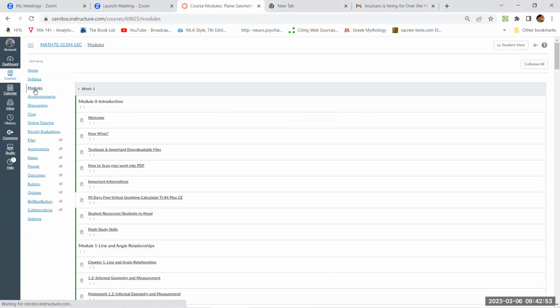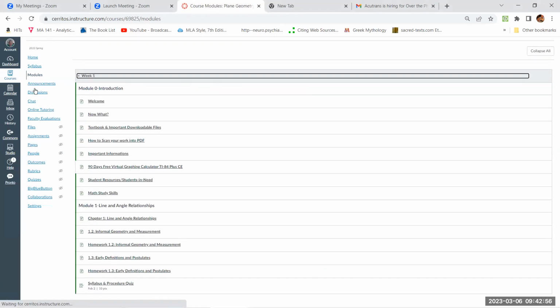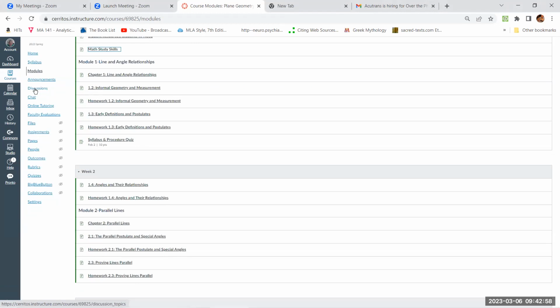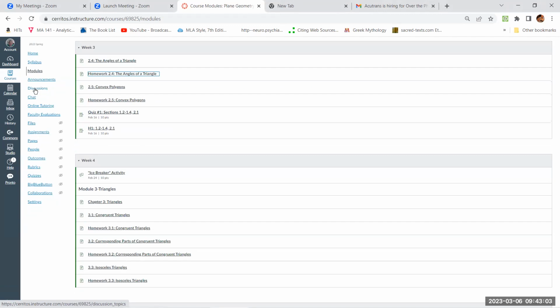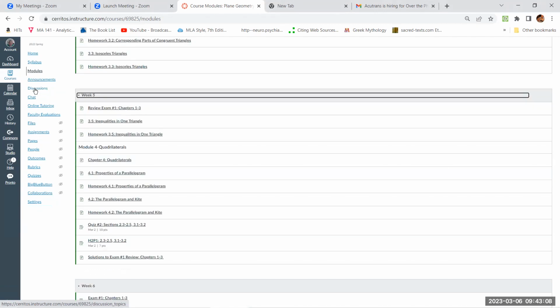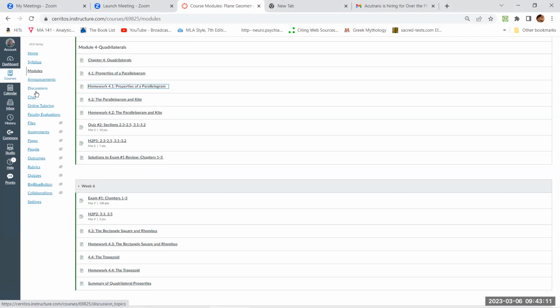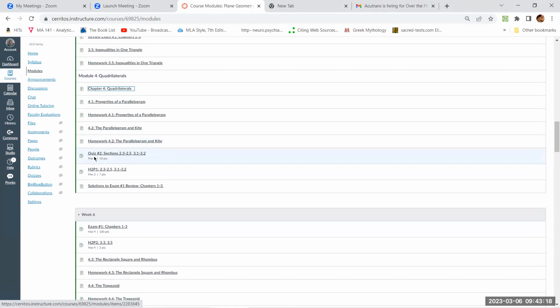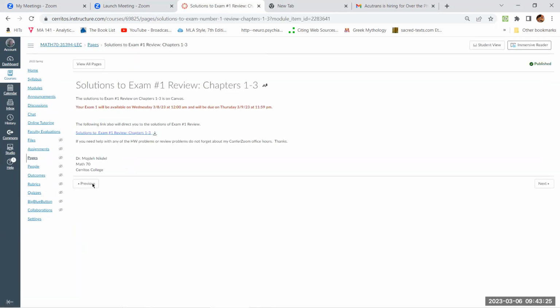Usually the solutions are in the following module. So here's 3.3, module 4 is quadrilaterals. Under module 4, quadrilaterals, you have quiz 2, and then you have the solution to exam 1 review right here. And you can download that.